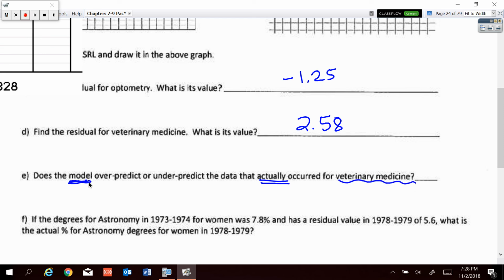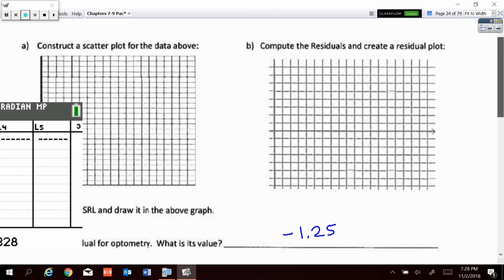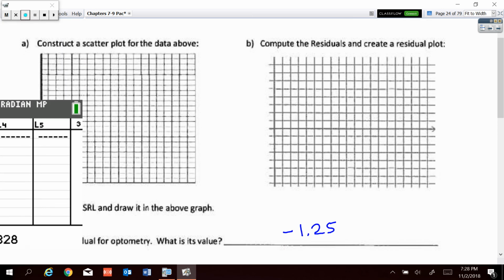I need you to understand what they mean by the model. What do you think they mean there? They are talking about the least squares regression line. So let's just use one of these graphs just to demonstrate.